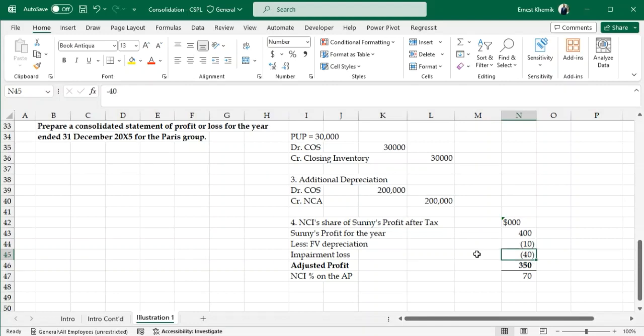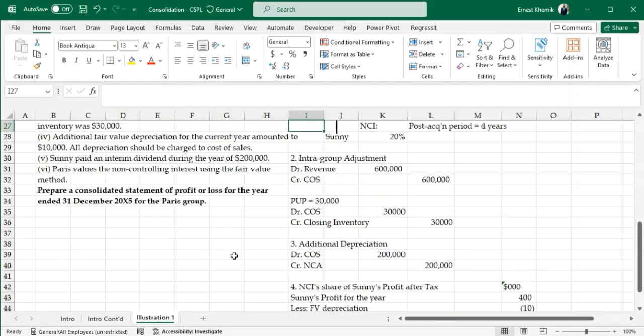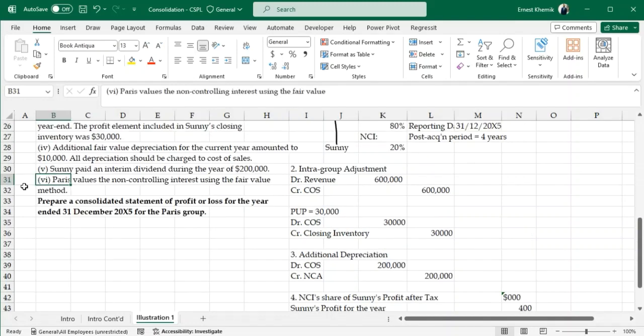And then for the impairment loss, we are seeing impairment loss here because we were told that the parent values the non-controlling interest using the fair value method. From what we've learned, whenever non-controlling interest is being measured at fair value, we always apportion any impairment loss of the goodwill between the parent and the subsidiary.